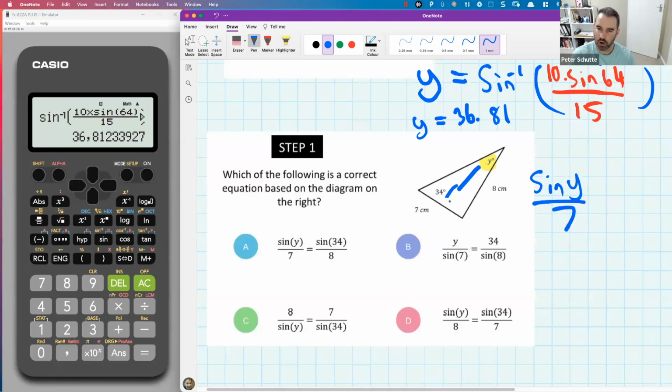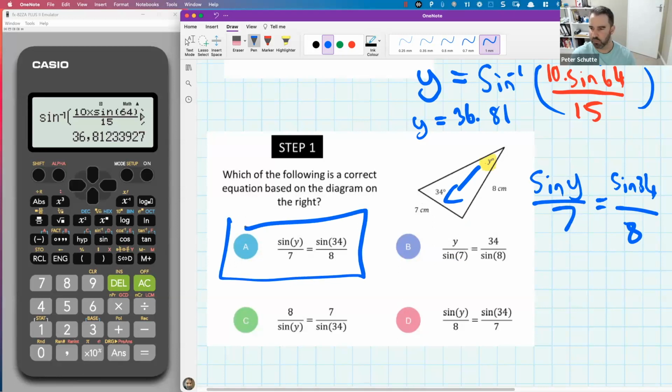I know it's going to start with that. And actually, I can see that it's going to go with the sine of 34 over 8. And so it has to be that one.